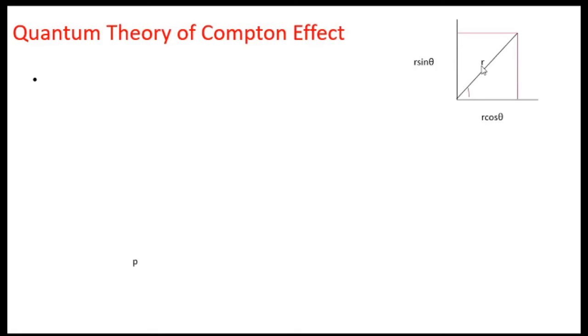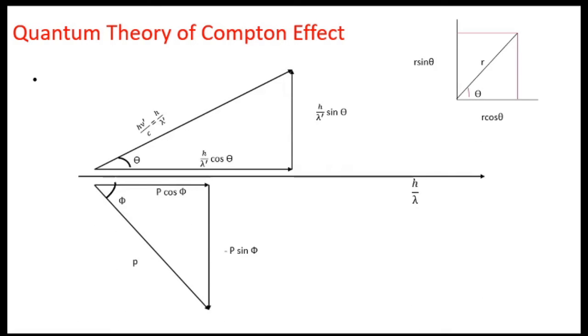Here if r is a vector, then its component along the x-axis will be r cos theta, and its component along the y-axis will be r sin theta. So I am using the same concept here. The scattering angle is theta. This is the momentum of the scattered photon.